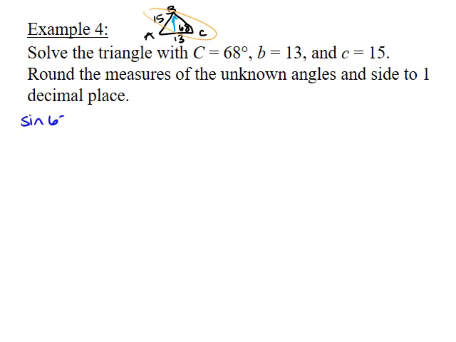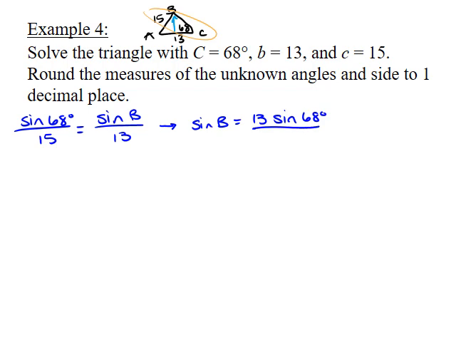Sine of 68 degrees divided by 15 is equal to sine of B divided by 13. When I cross multiply, sine of B is equal to 13 sine of 68 degrees divided by 15. This is smiley face, which is approximately 0.804.